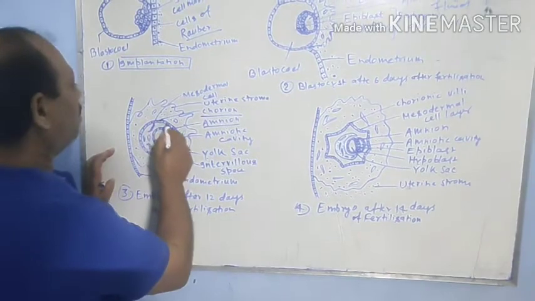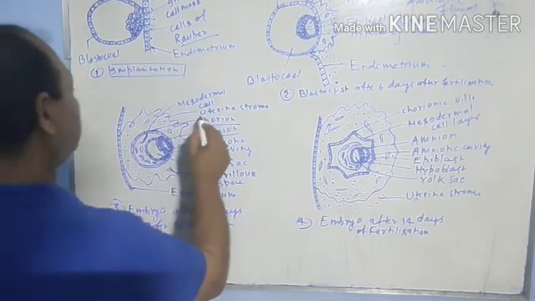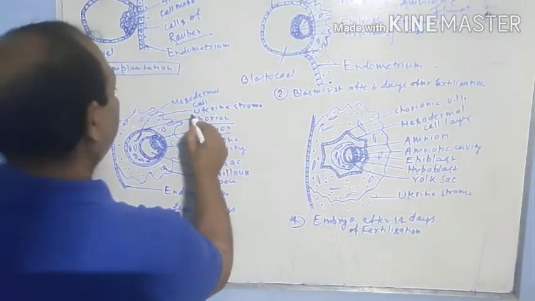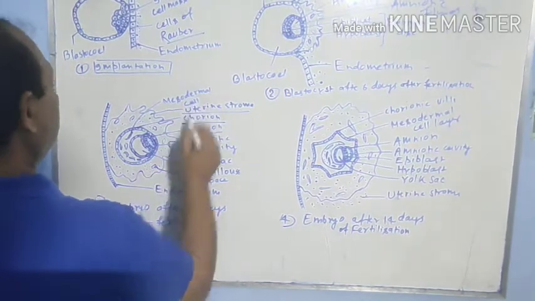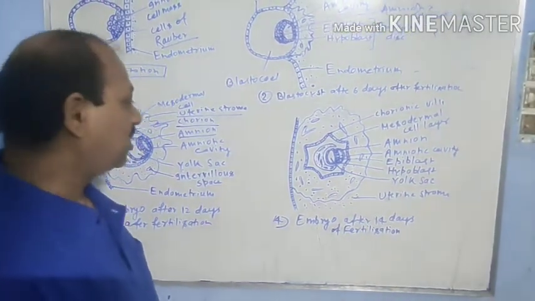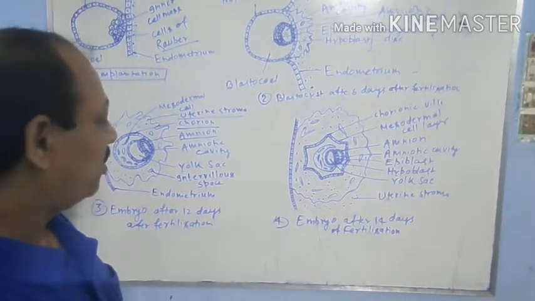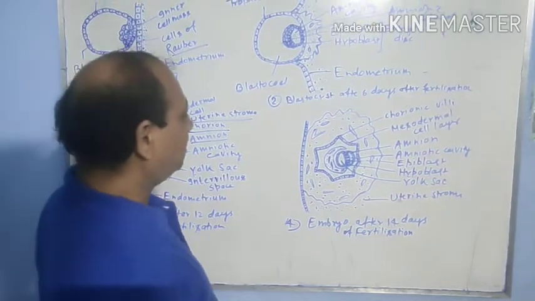This is known as the chorion. This layer is the uterine stroma. This is mesodermal cell. Now I shall discuss the stage of the embryo after 14 days of fertilization.